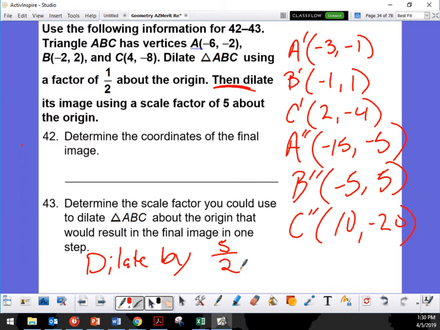That would have worked in one step. Why is that? We multiplied by half, right? Did I multiply again by 5? Yeah. So put those two together, you get 5 halves, or 2.5.